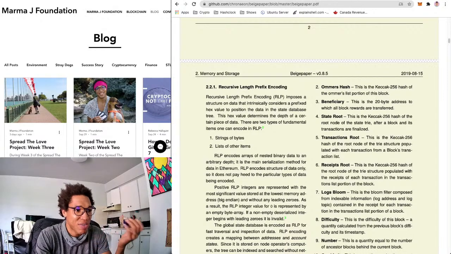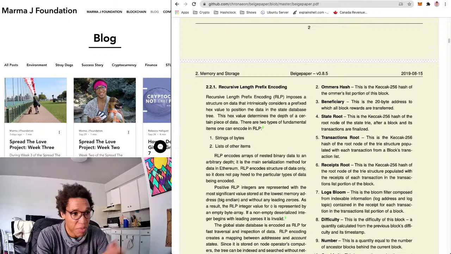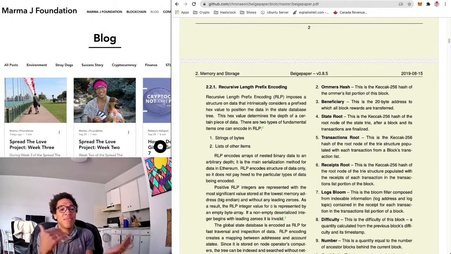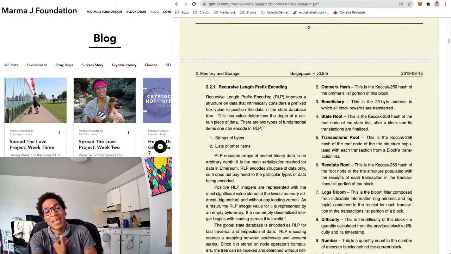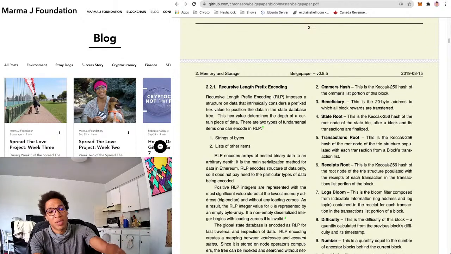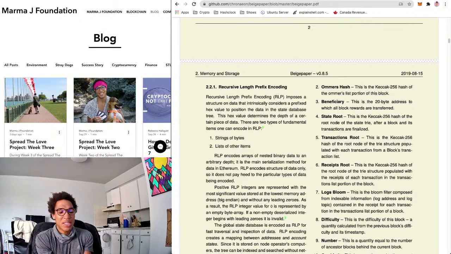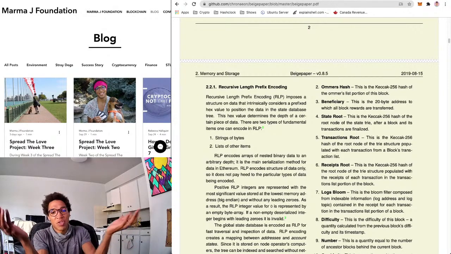This is the hash of the root node of the tree populated with the receipts of each transaction. Again, this is just so you could easily verify things. So if you need to verify the transactions, like, was my transaction in this block? You'd go here, and you'd be able to put all the transactions together. Actually, there's probably some really cool stuff you can do where you can easily take what your transaction was, hash it, take all the other transactions, and do something like zero out.